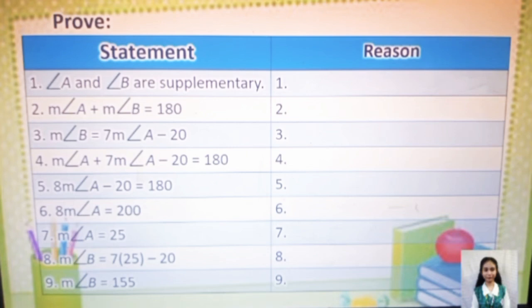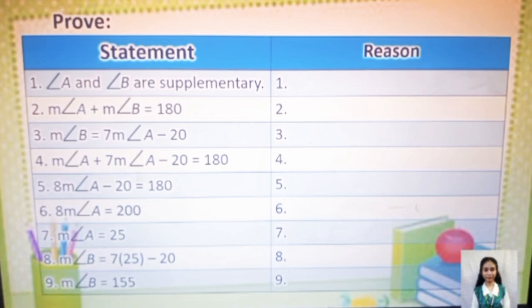Proof. Statements and reasons. Number 1, angle A and angle B are supplementary. Number 2, measure of angle A plus measure of angle B is equal to 180. Number 3, measure of angle B is equal to 7 times measure of angle A minus 20.